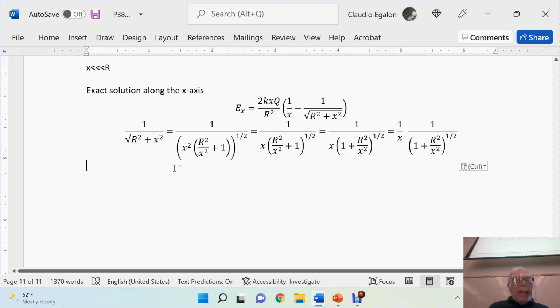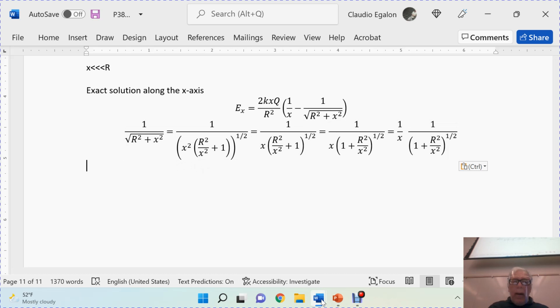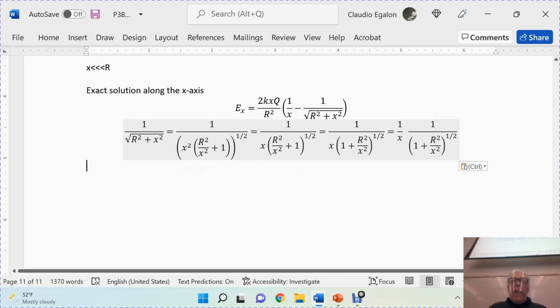So if we take x much less than r, can we make x equal to 0?